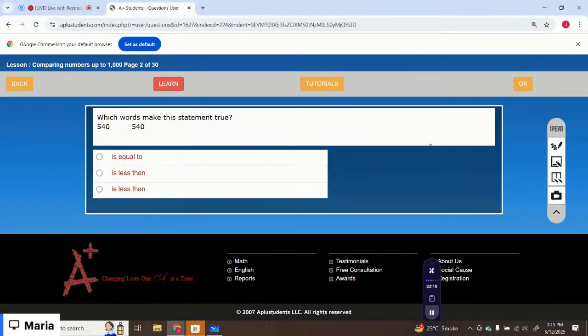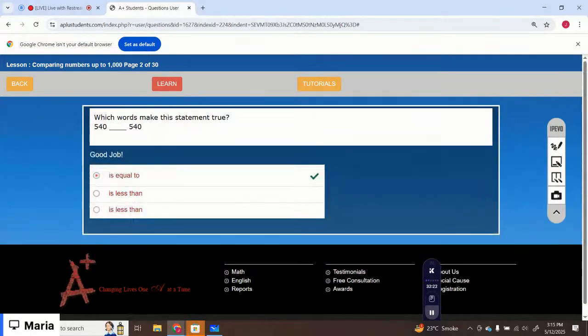The correct option is they both are exactly equal. 540 is equal to 540.